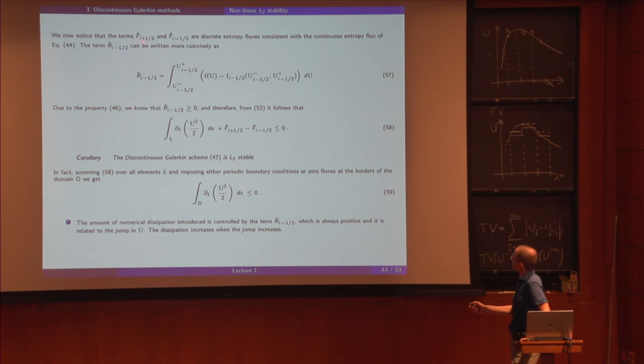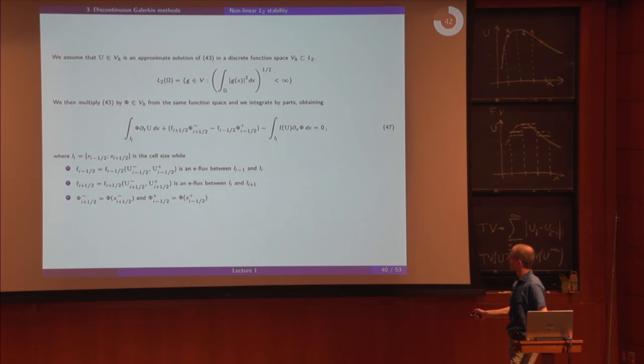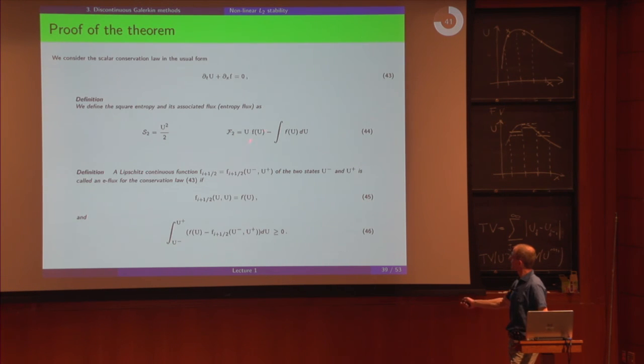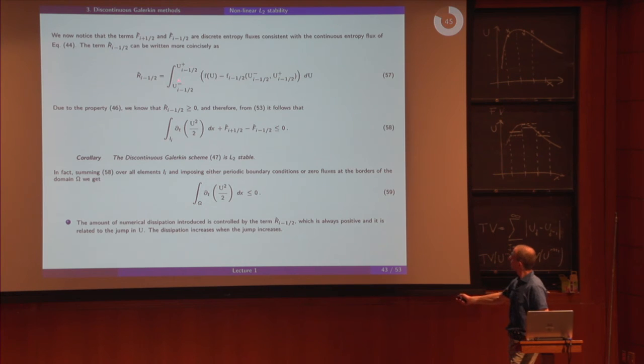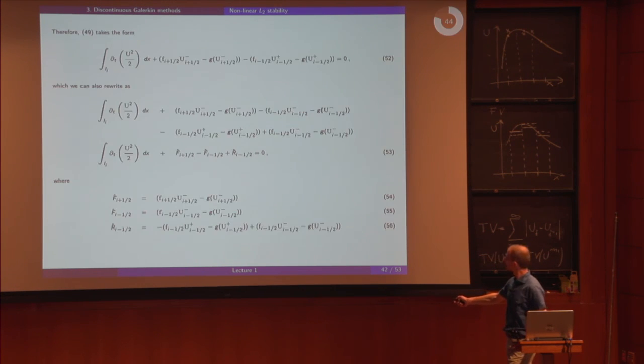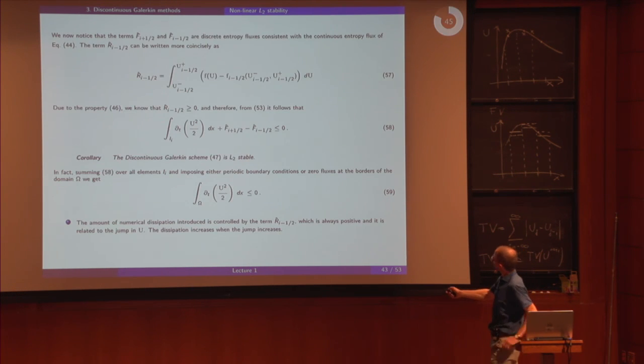We notice that these terms f-hat are the discrete entropy fluxes that we defined at the very beginning. We defined the continuous version of them. The continuous entropy fluxes are this. And now we have a discrete version of them, which are these f-hat.